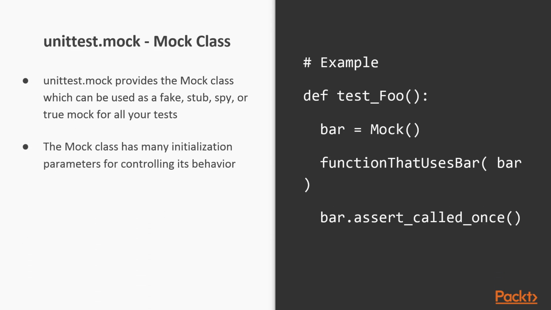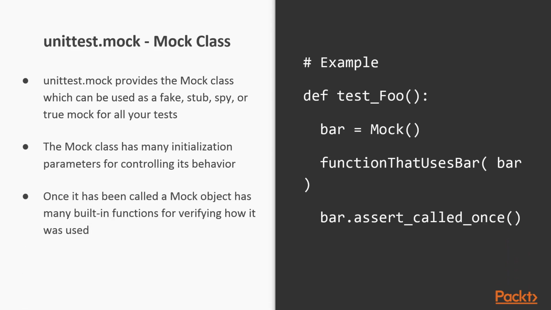The Mock class has many initialization parameters for specifying how the object should behave, such as what interface it should mock, if it should call another function when it is called, or what value it should return. Once a mock object has been used, it has many built-in functions for verifying how it was used, such as how many times it was called and with what parameters.